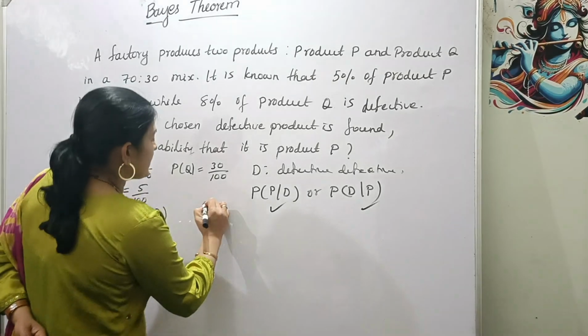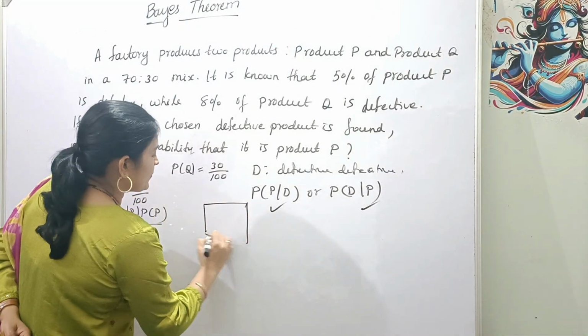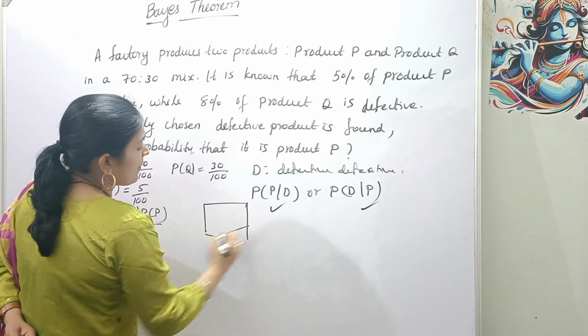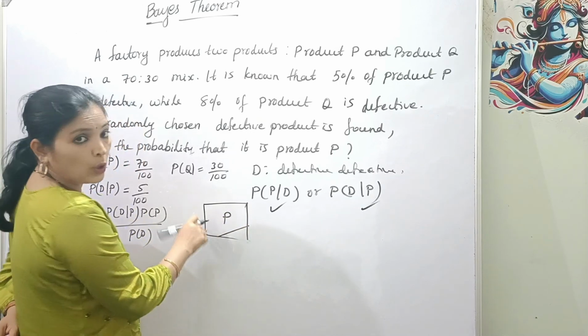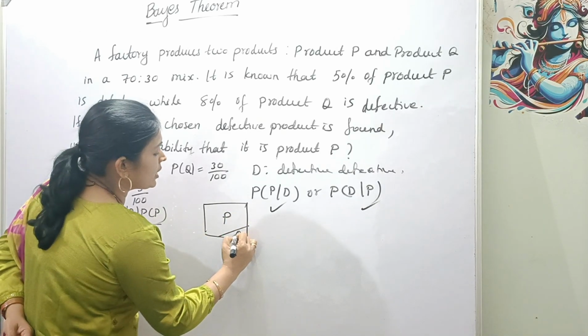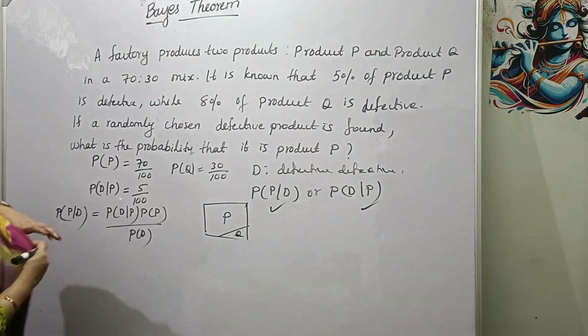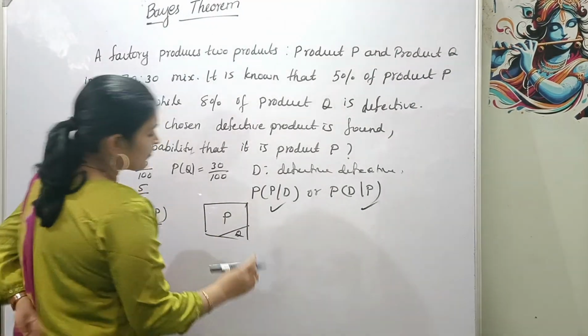So here, see carefully, it's a sample space, okay? 70% product P and 30% product Q are produced.